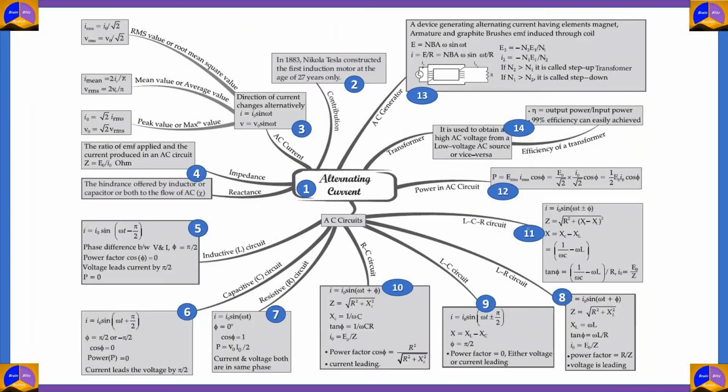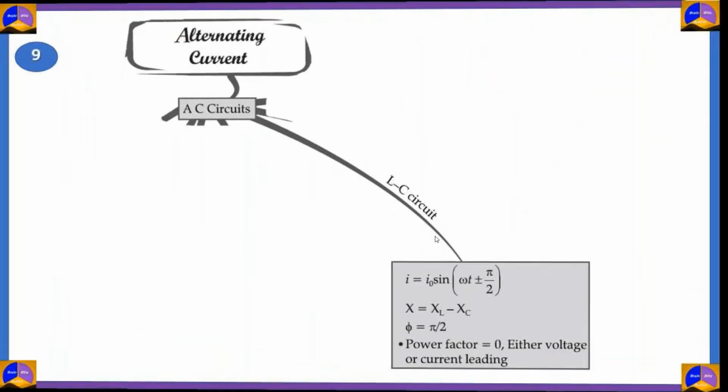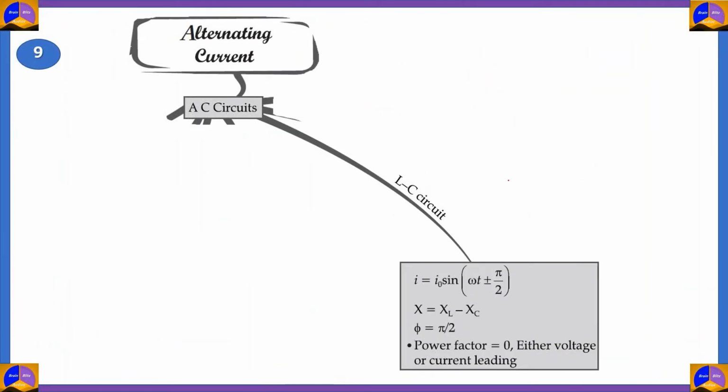So let's now go over to the next circuit, which is the LC circuit. In an LC circuit, we have an inductor and a capacitor. So an inductor of self-inductance L and a capacitor of capacitance C are in the circuit. To find I, which is the current passing through the LC circuit, we multiply the peak value of current, that's I naught, into sine omega t plus minus phi by 2.